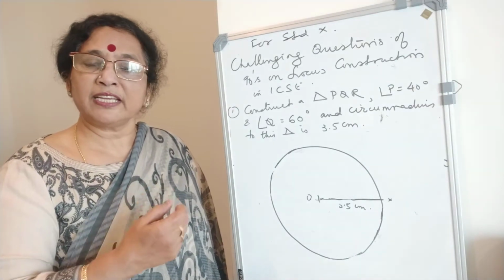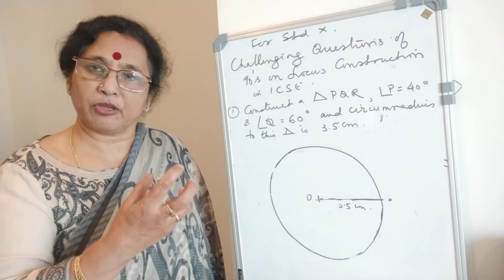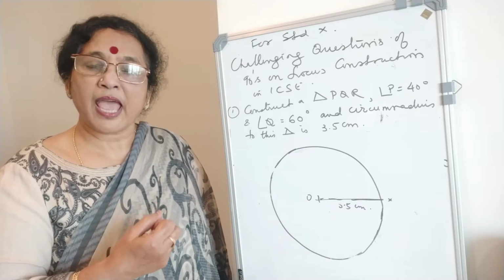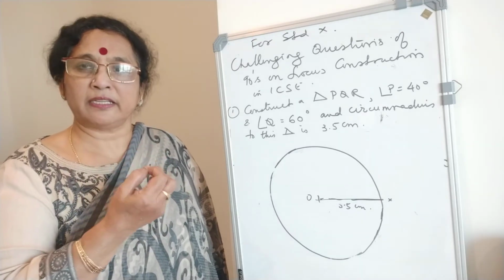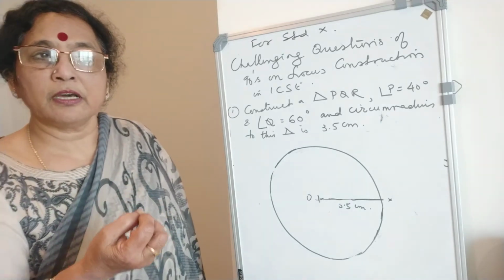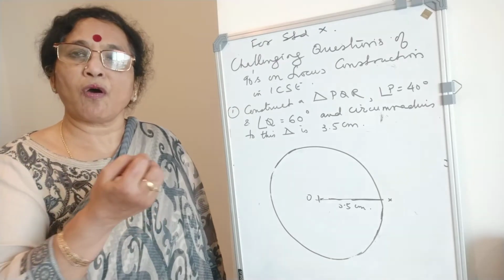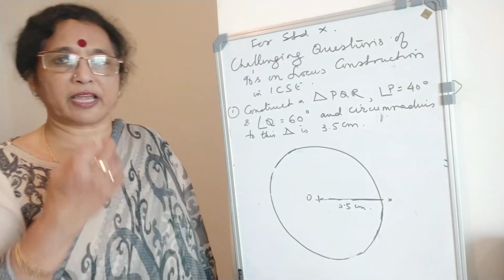So that is why the circumradius is given. Circumradius is the radius of the circle which circumscribes the triangle PQR. Okay? And the circumcenter is the point of intersection of the right bisectors, that is perpendicular bisectors, of the three sides of the triangle.